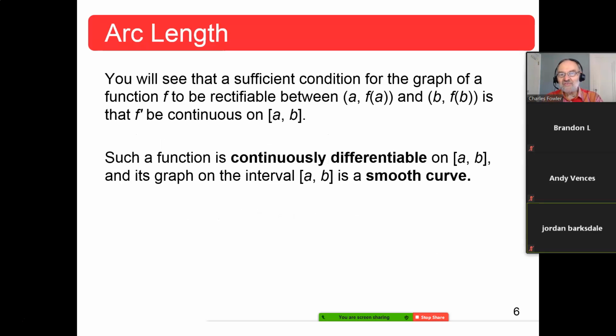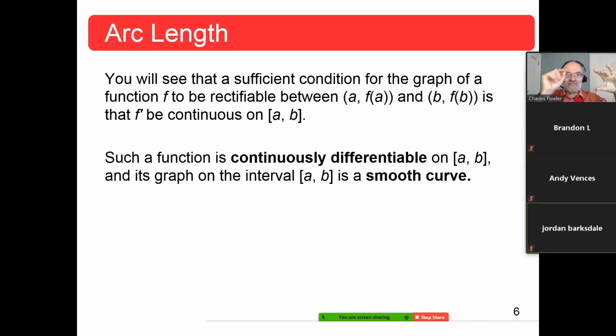You'll see that a sufficient condition for the graph of a function f to be rectifiable between the points a, that's on the x-axis, f of a, that's your y value at a, b, and f of b, which is the y value when x is equal to b, is that f prime be continuous on a to b. And that's what I was talking about.